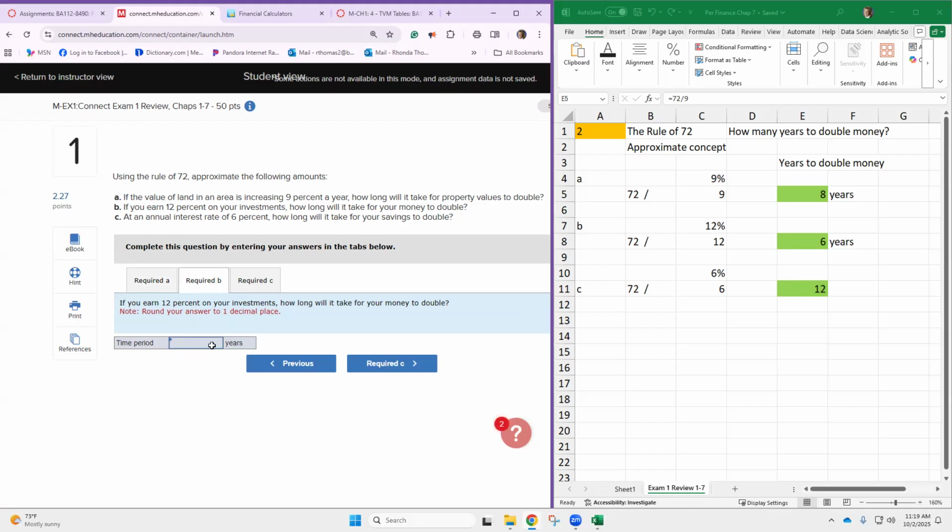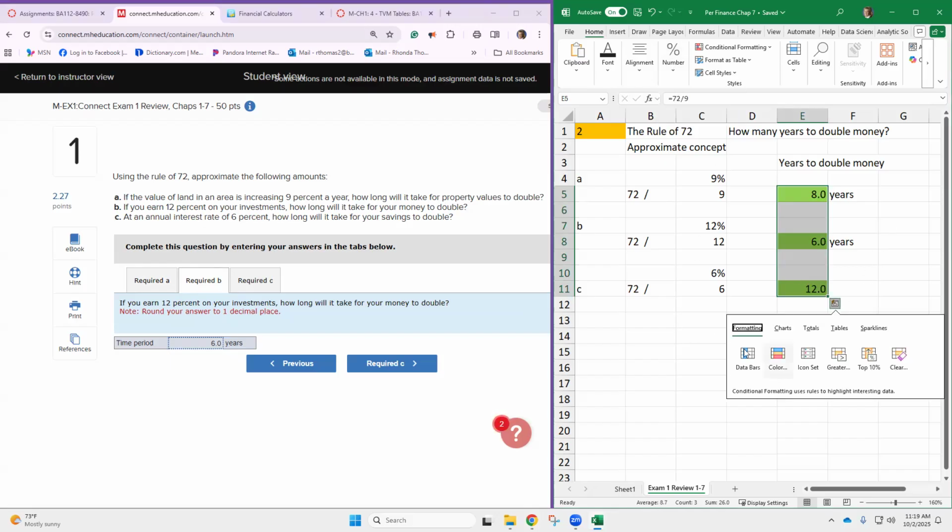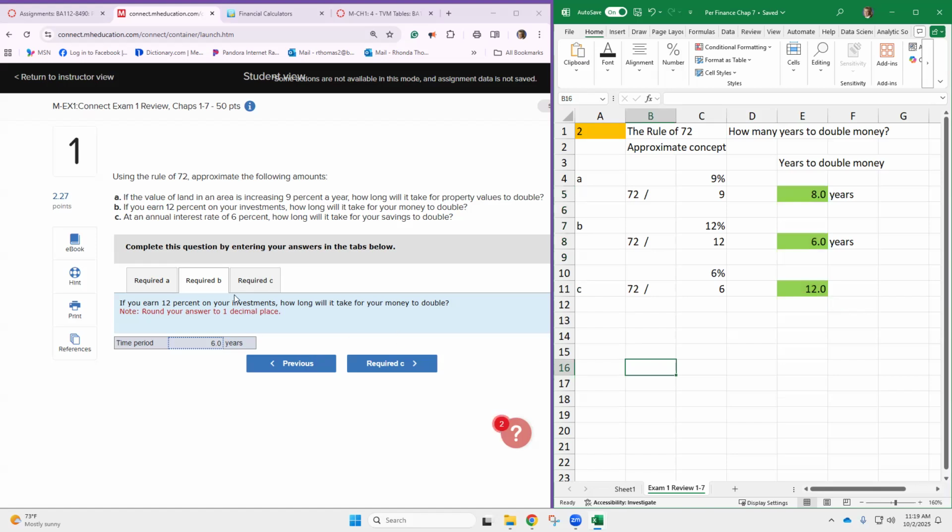because that's my highest rate of return I'm earning, right? So I've got 6 here and I need to go 6.0. Let me fix these. I'm going to put a decimal afterwards in order to make myself put in what I have in the green. Make sure you're following whatever format they're telling you in red, or you won't get it right.